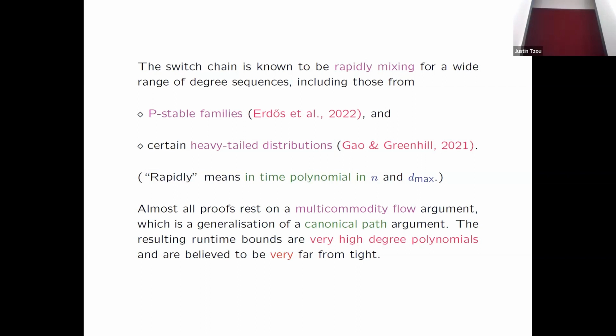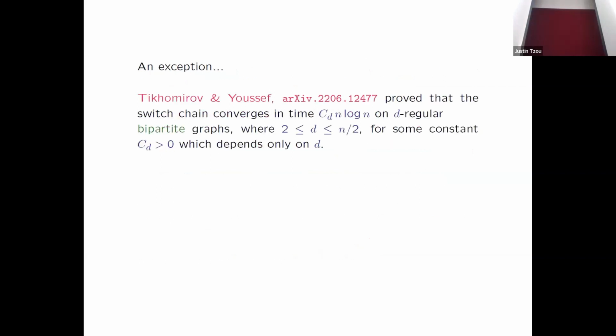The downside of this is you get high degree polynomials. This method does not tend to give you nice bounds, and they're believed to be very far from tight. So we go yay from a theoretical computer science point of view, but not yay if you actually want to run this on a computer, because, I don't know, n to the 9th, d to the 23rd is not very appealing. Something like that.